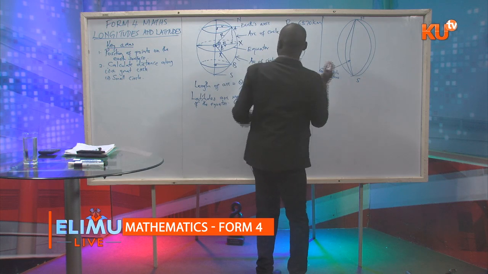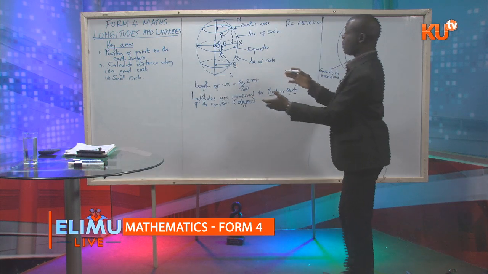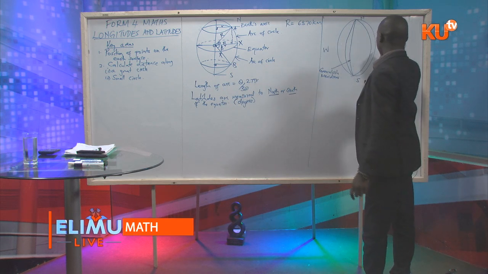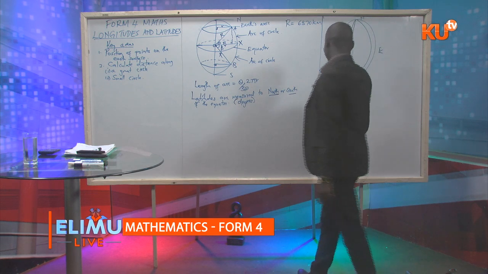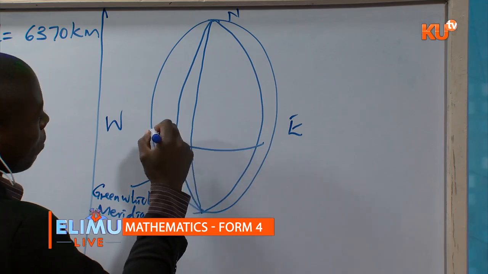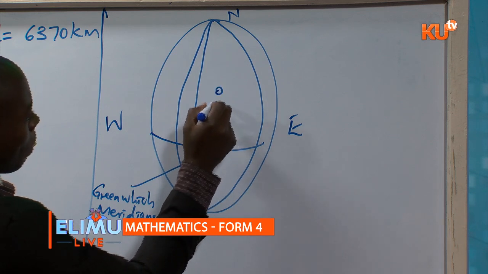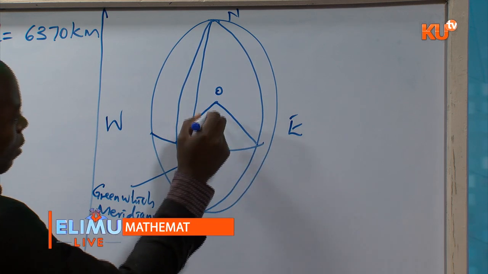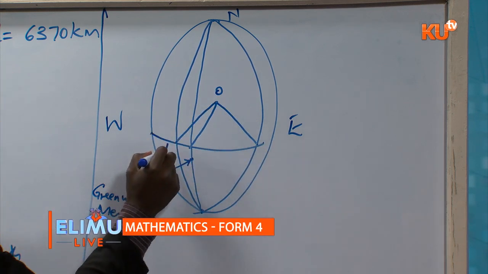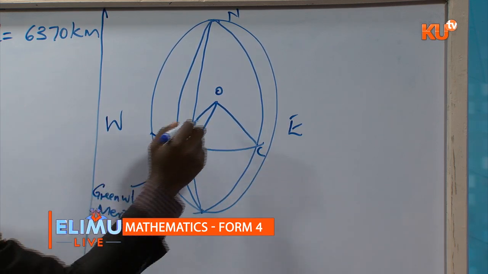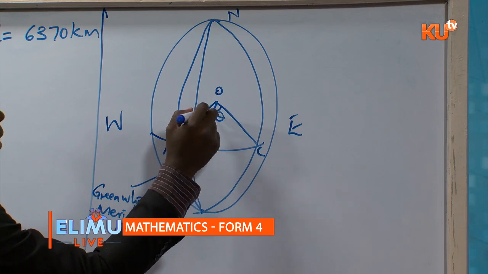They are measured from the Greenwich meridian. And so, unlike in the latitudes where we measure to the north or south of the equator, these are measured either to the west or to the east of the Greenwich meridian. So we can have a point, for example, if this is now our point O, we can locate the position of different points. Let's say this is point A, this is B, and this is C. And then consider the angle at the center to be theta, and the next angle for A to be the angle alpha.